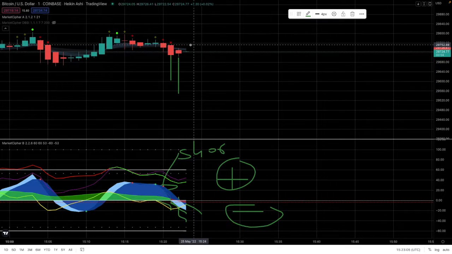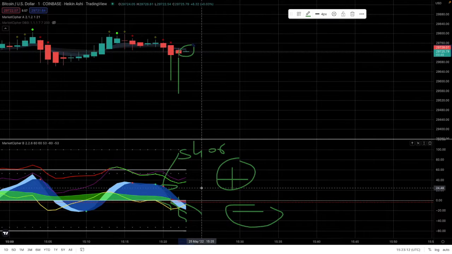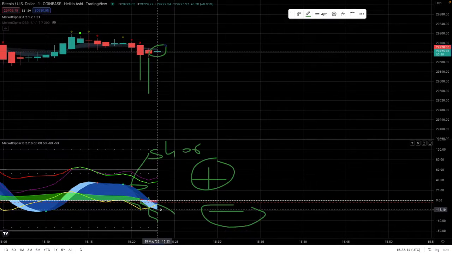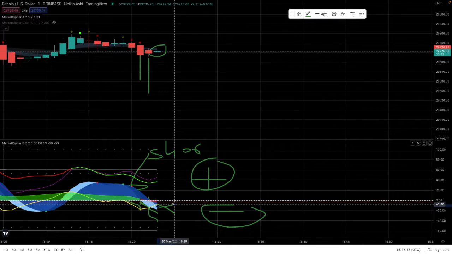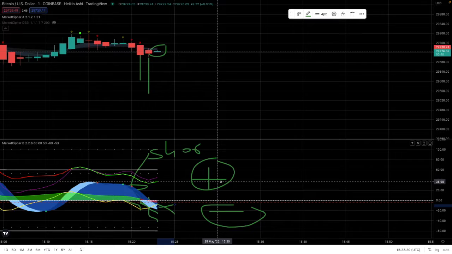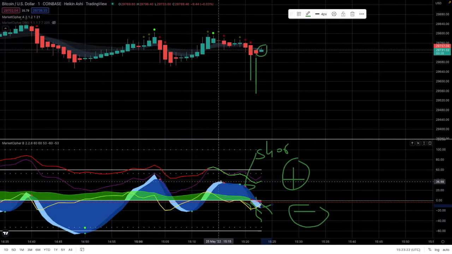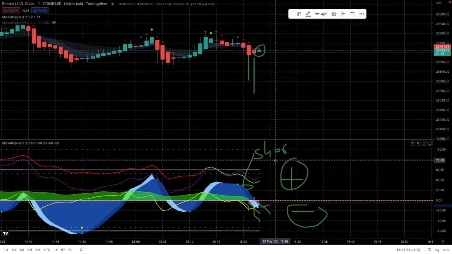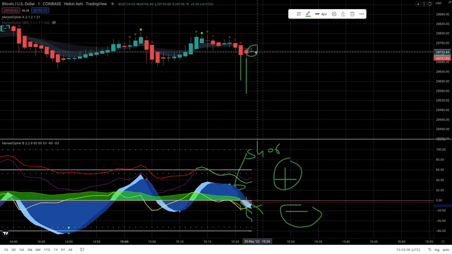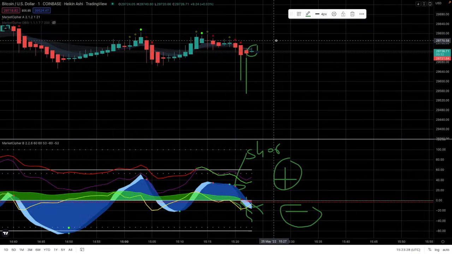You see, we printed another red. It looks green, but let's see what happens. Let's see the direction of momentum here right now. It seems it's surging back, but let's wait for a while and see how it works. Price seems to be heading back upwards, but is it enough? On a 1 minute time frame, let's hold on for a while.